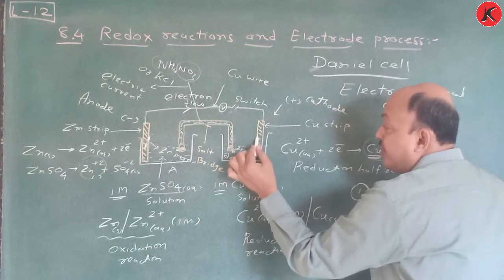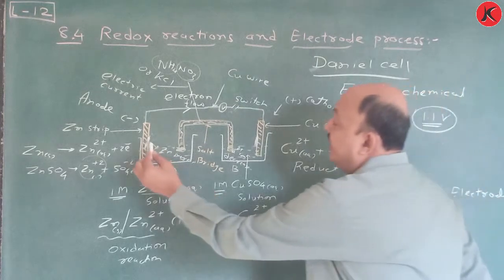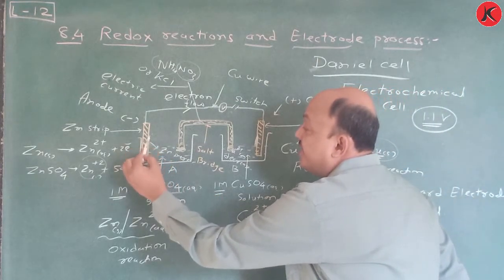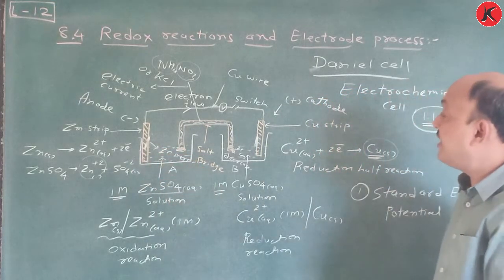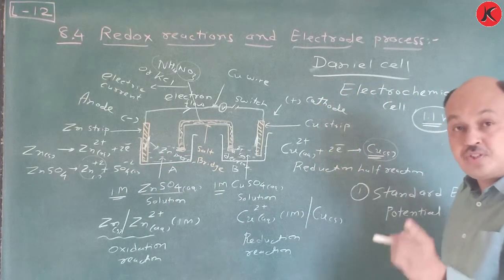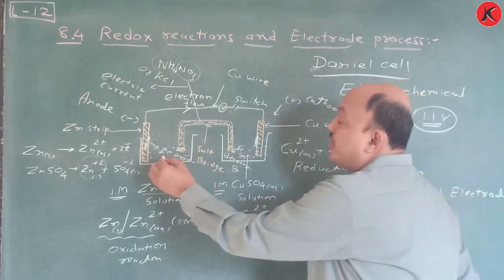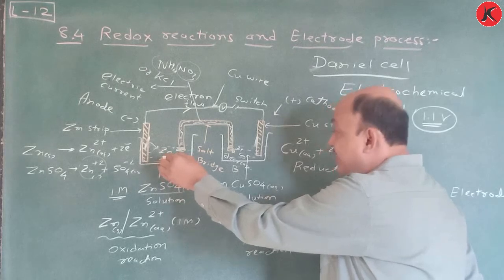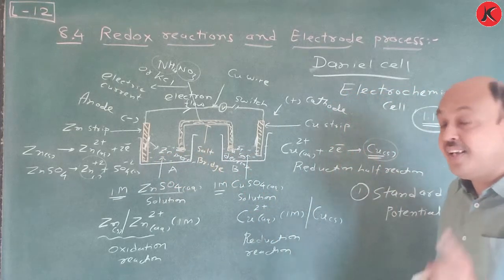So copper is deposited on the surface of the copper strip. The Zn quantity decreases as it enters the ZnSO4 solution as Zn2+ ions. So the concentration of Zn2+ increases, and the concentration of Cu2+ decreases.